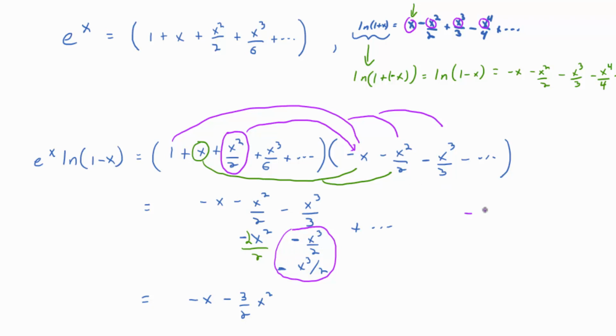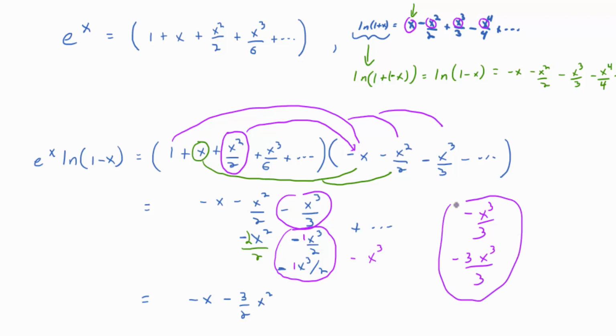So we've got this term, and then this term is minus 2x cubed over 2. So this term is minus x cubed, which is really minus 3x cubed over 3.